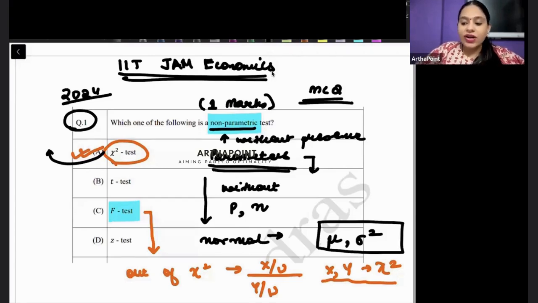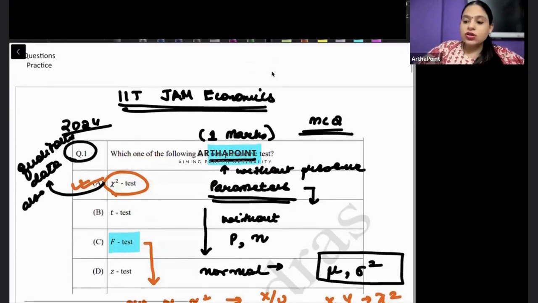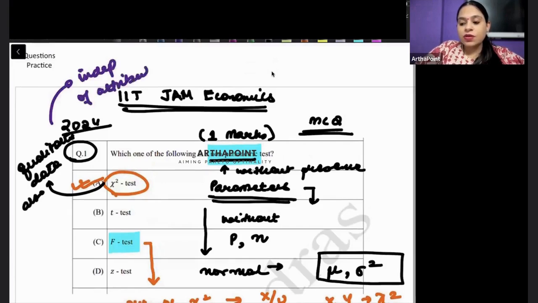So chi-square is one test which can be performed for qualitative data also. Right? Its applications include things like what we have studied, like independence of attributes, where we are comparing actual and observed values.